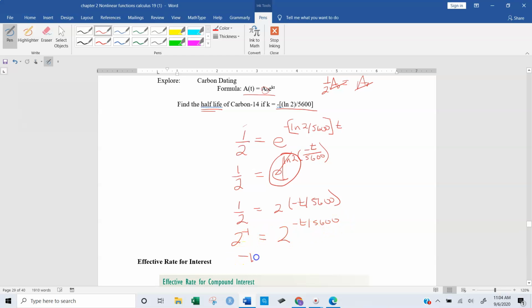So I've got negative 1 equals negative t divided by 5,600. Multiply by the 5,600 and get rid of these negatives, right? So 5,600 equals t. So after 5,600 years, I will have half of my carbon.